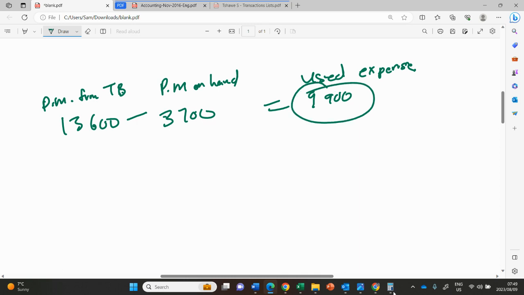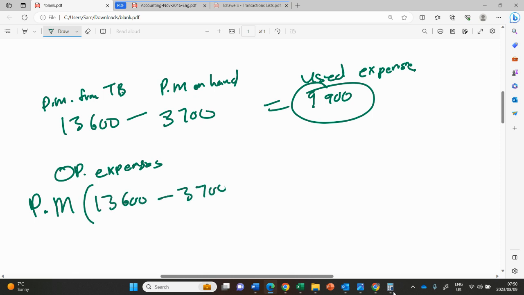So this is the final answer when doing the income statement. When doing the income statement under operating expenses, you're going to say this is packing material, then open bracket 13,600, then minus 3,700, and finally the used one should be the final amount there under the calculation of the income statement.